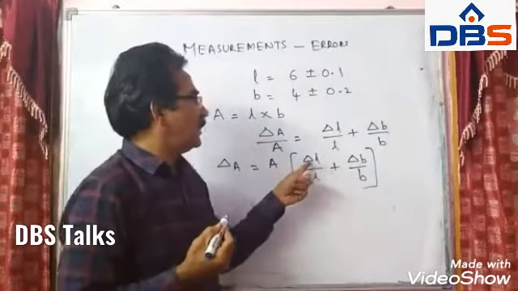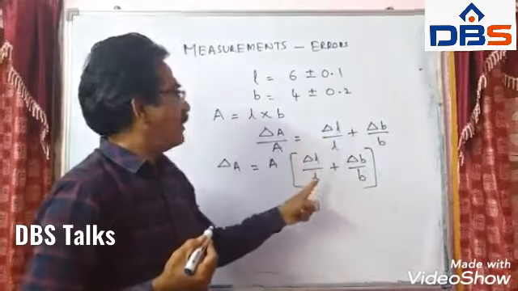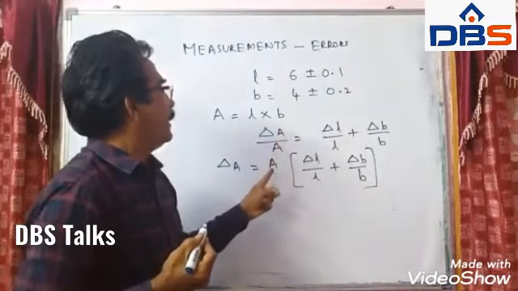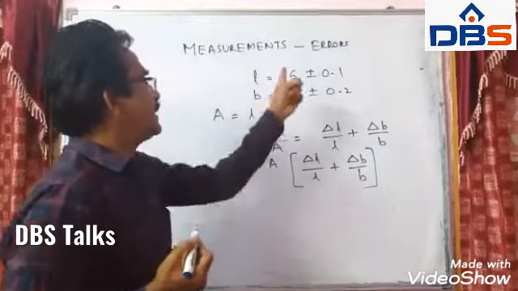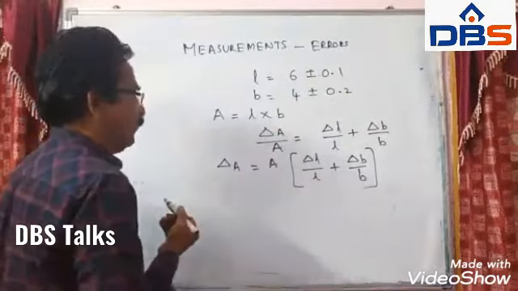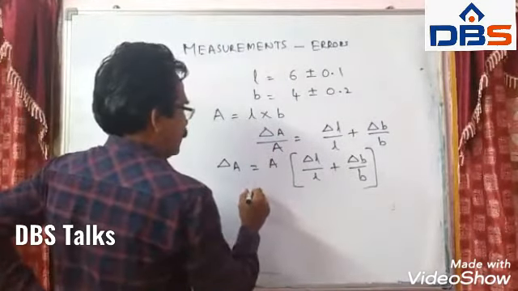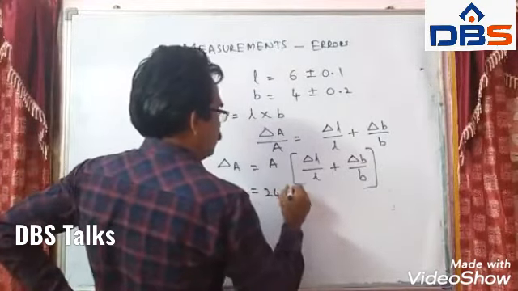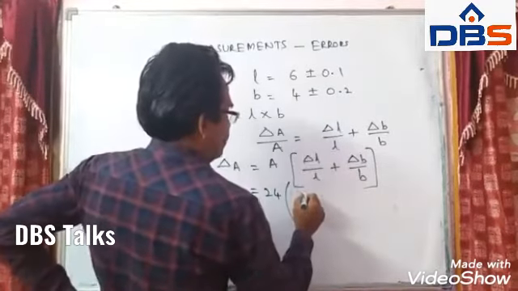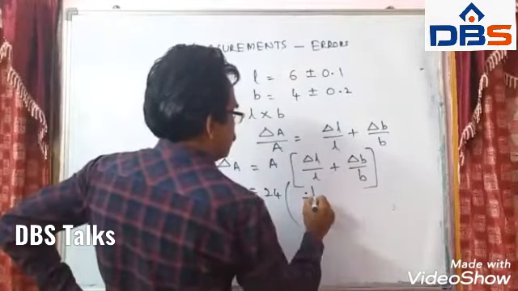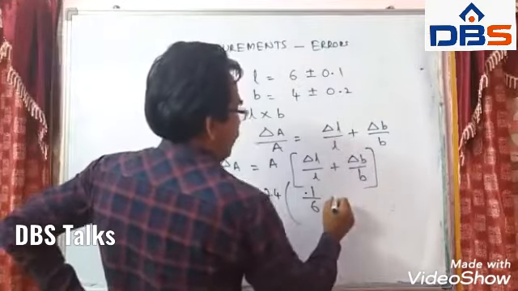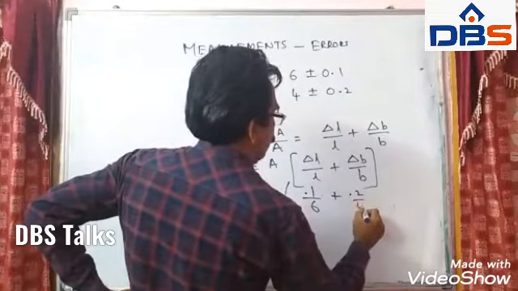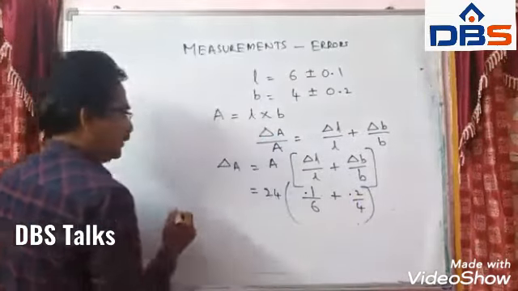Here we know delta L, we know L, delta B, B, A. A is 6 into 4. Okay friends, so now let us find the error. 24 into 0.1 by 6 plus 0.2 by 4.